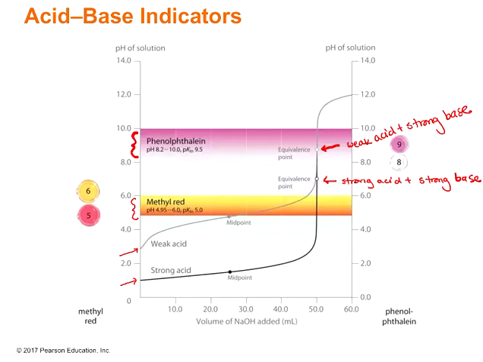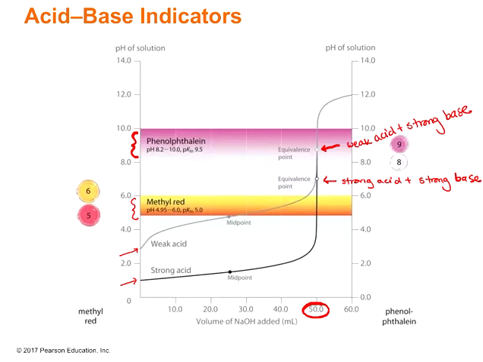So for the strong acid and strong base titration curve, the equivalence point occurs when we've added 50 milliliters of NaOH. So we could really use either of those.